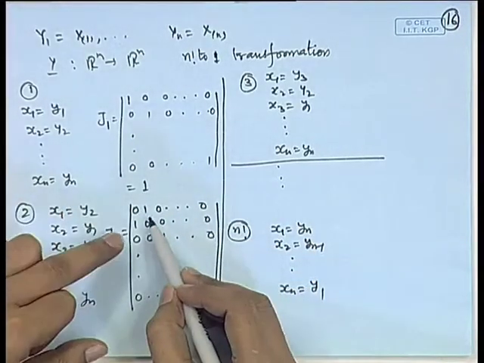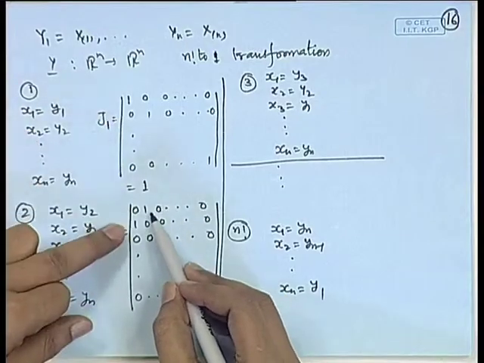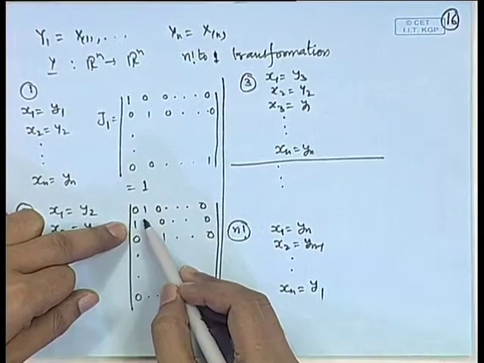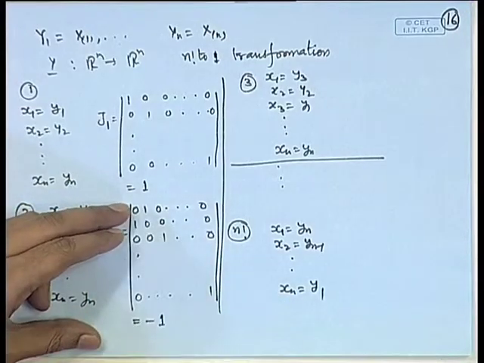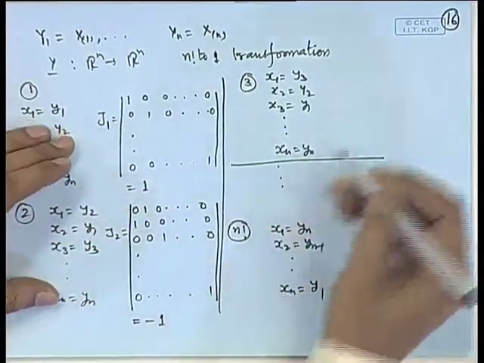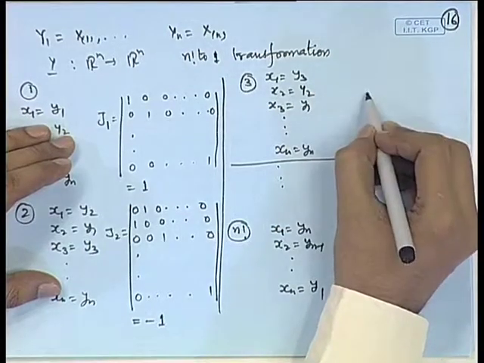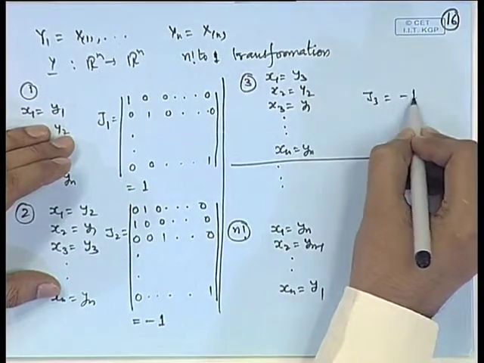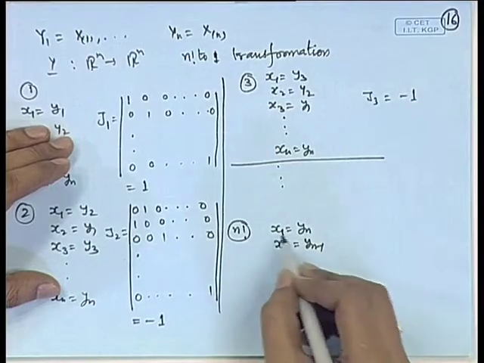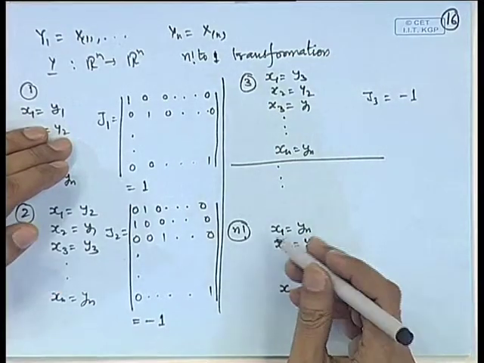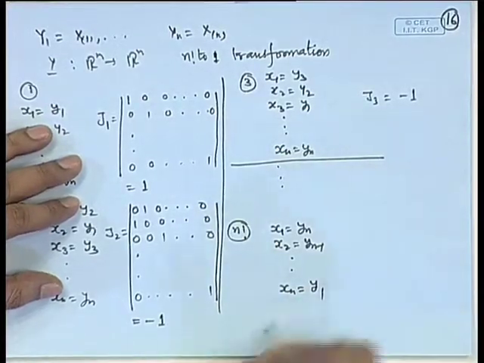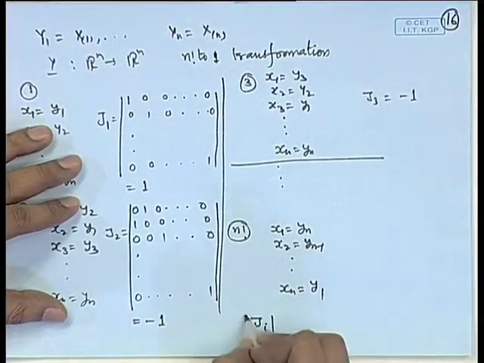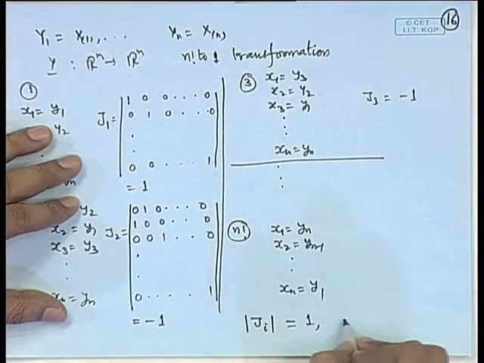Note here that this is obtained from J 1 by interchanging the first and second row or first and second column. So, the value of this will be minus 1. Likewise, the Jacobian in each case will be either plus 1 or minus 1, because it is obtained by permuting rows of the identity matrix. So, the absolute values of the Jacobian for each of them will be 1 only.